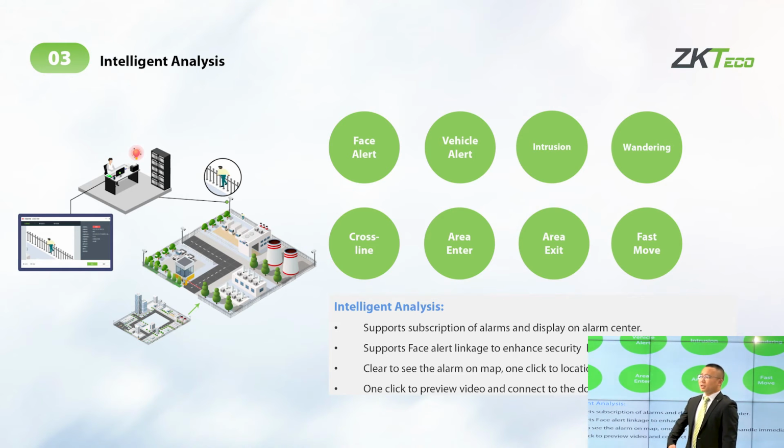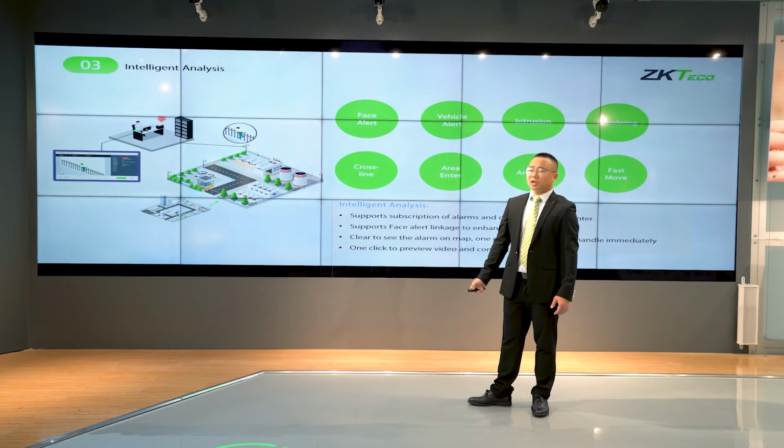We can add more AI factors: intrusion, wandering, cross line, area enter. From the diagram, we can see the people just cross the barrier. So the people just standing in the monitoring center will easily know what happened outside and also trigger alarm.